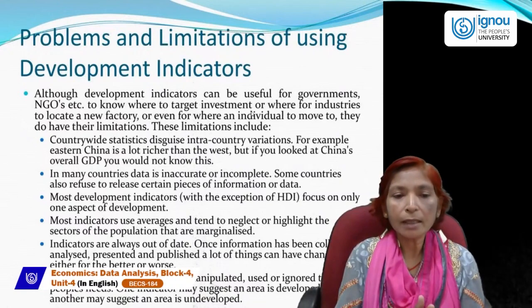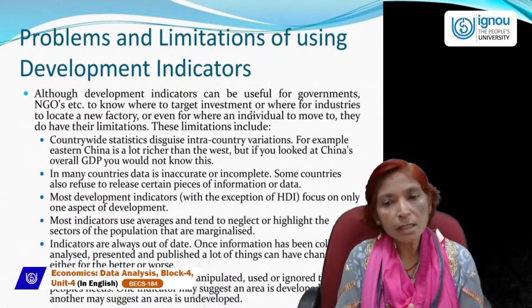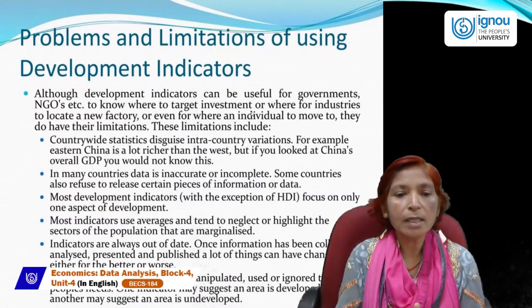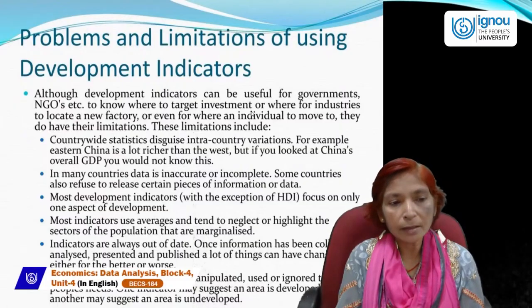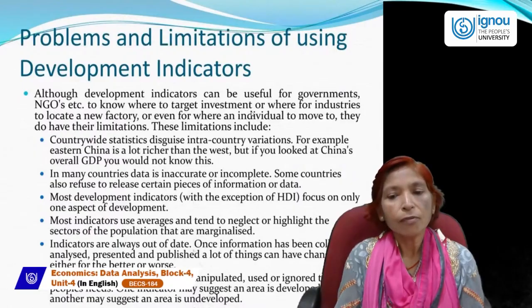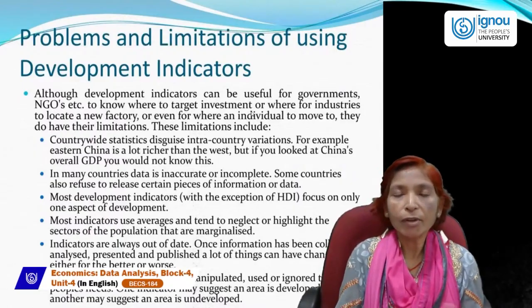In many countries, data is inaccurate or incomplete. Some countries also refuse to release certain pieces of information or data. Most development indicators, with the exception of HDI, focus on only one aspect of development.